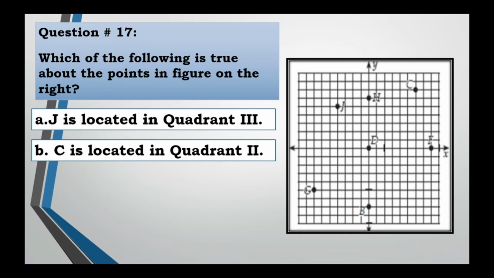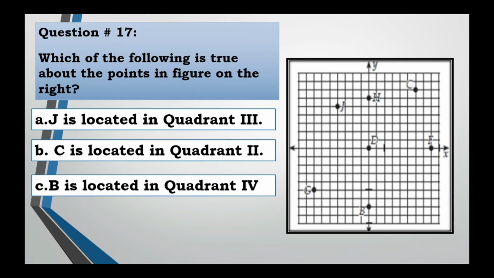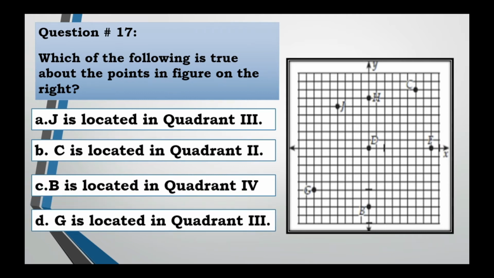Letter B, C is located in quadrant 2. Letter C, B is located in quadrant 4. Letter D, G is located in quadrant 3.